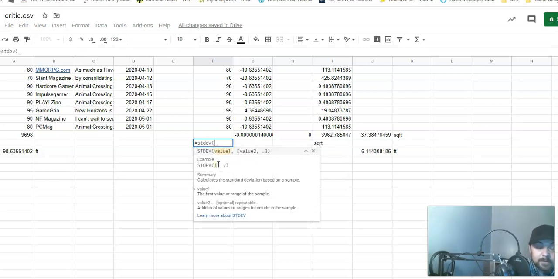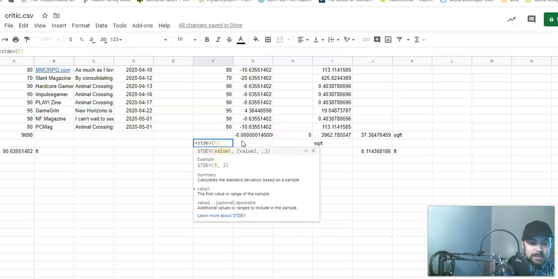ST for standard, DEV for deviation. And I can just do the same thing I did up here, which is give it a list of values, which I think I can do by just cell reference, and it'll do the whole calculation for you. So you don't have to manually subtract, manually square it, manually sum the numbers up. It'll do all of that at once. So let's see if we can get it to work. I don't know if this is going to work. What column is this?